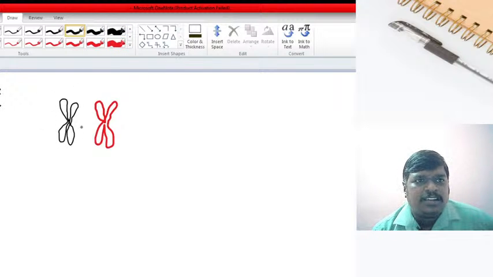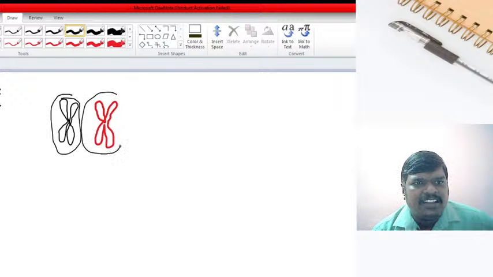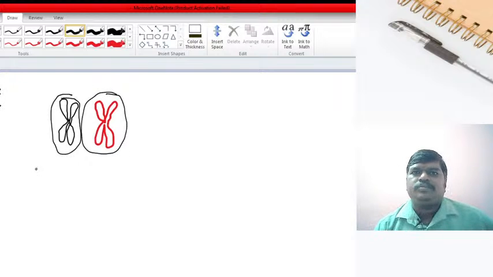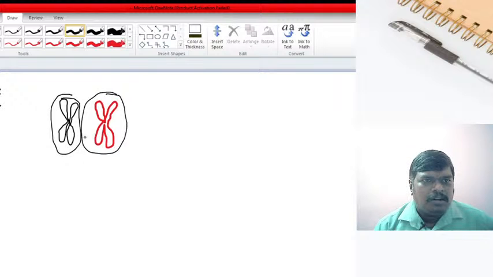This is a sister chromosome, and this is another sister chromosome. Got it? These are sister chromosomes, but these two are non-sister chromosomes.